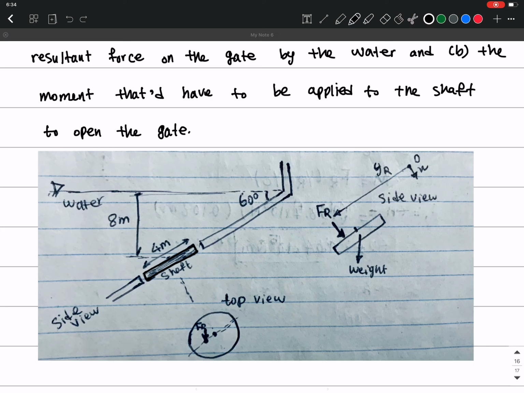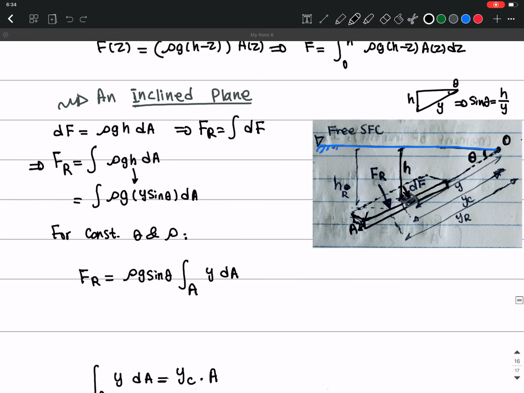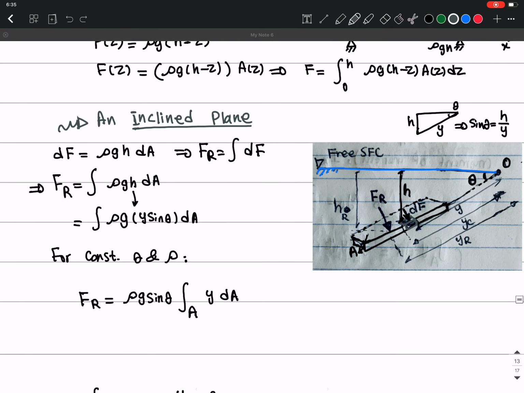And then here is again the side view, which is the free body diagram of the forces. Now, given this and given the calculations we had for the inclined plane, I want to calculate the magnitude and also the location of the resultant force.